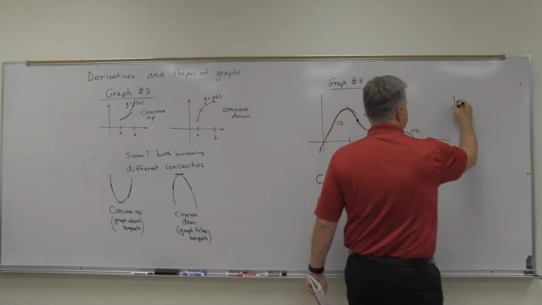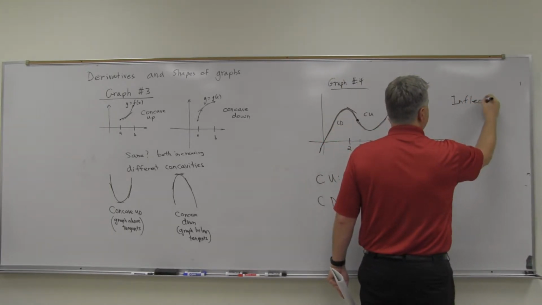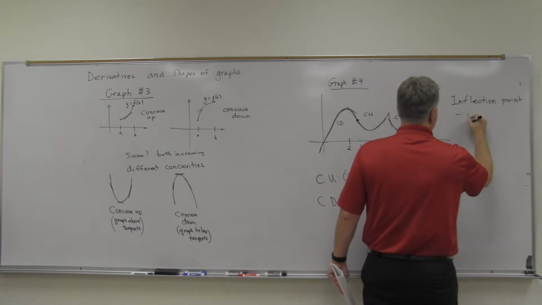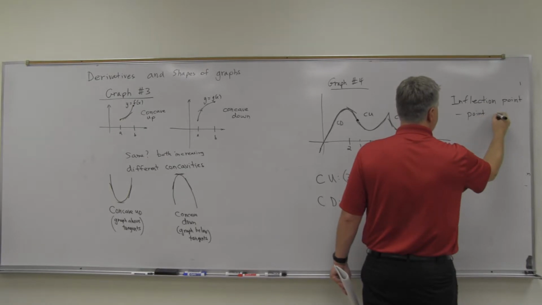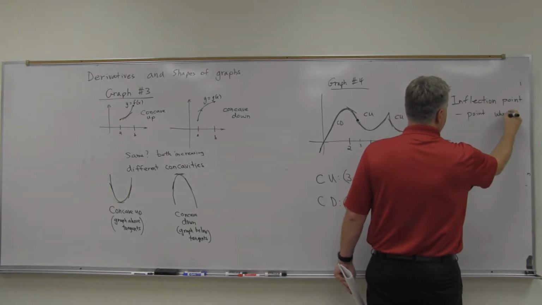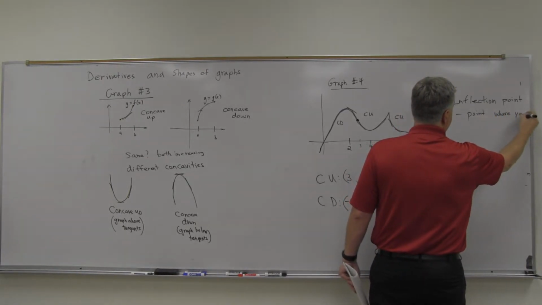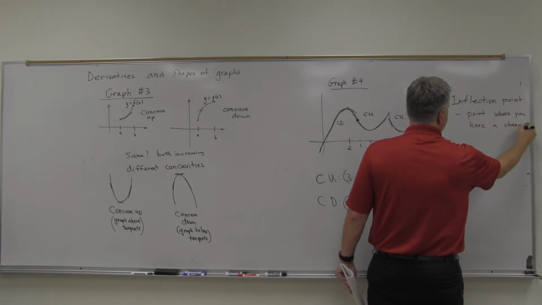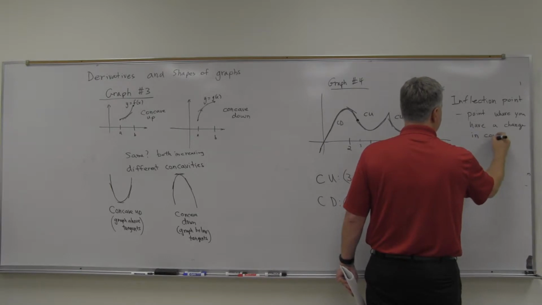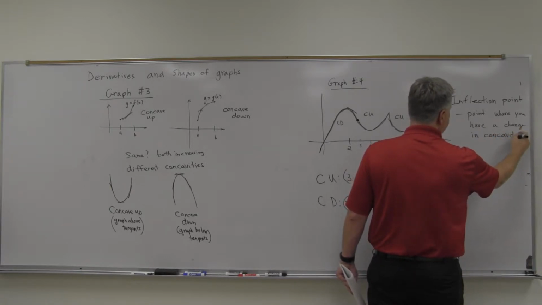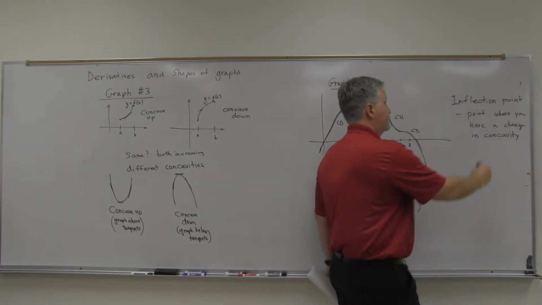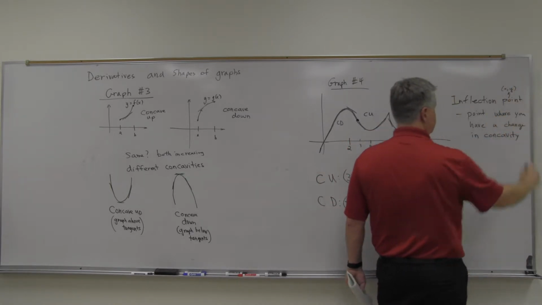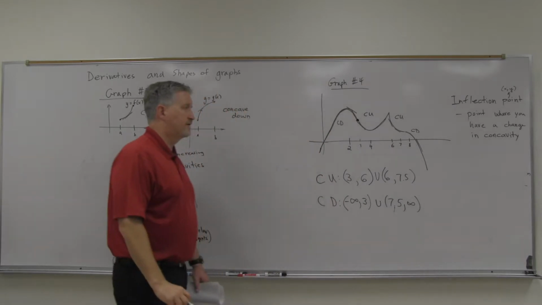An inflection point is a point where you have a change in concavity. And it is a point, and so it's an x comma y. That is how we generally write those, inflection point.